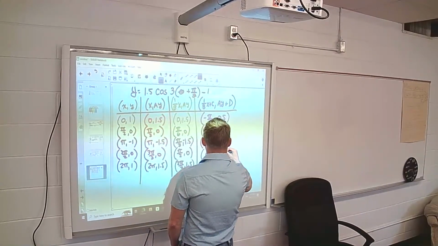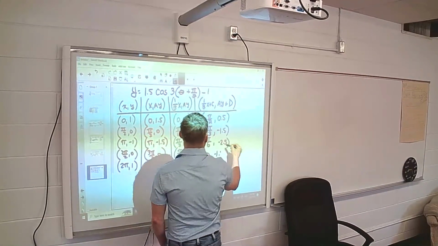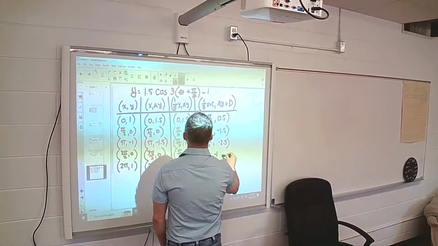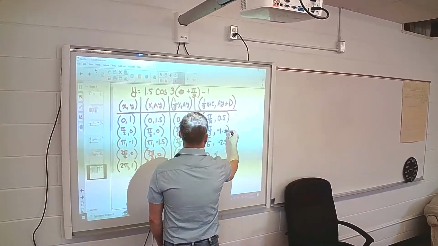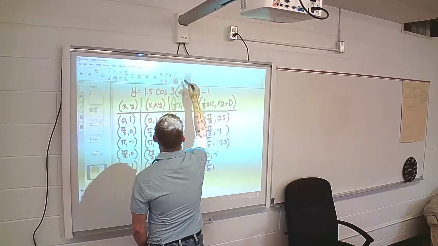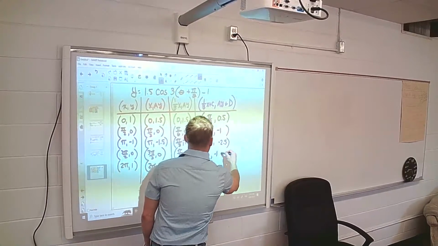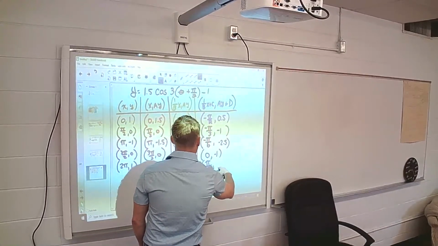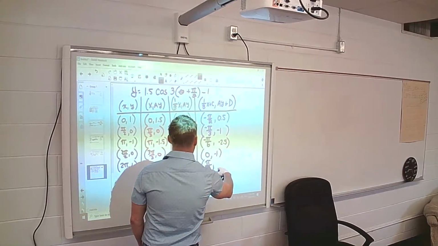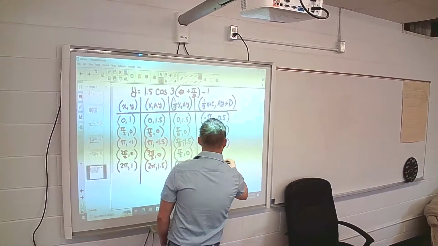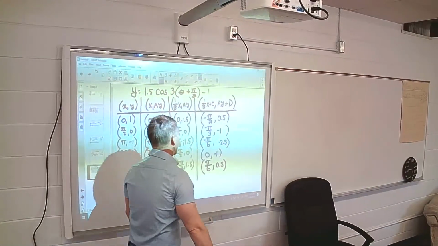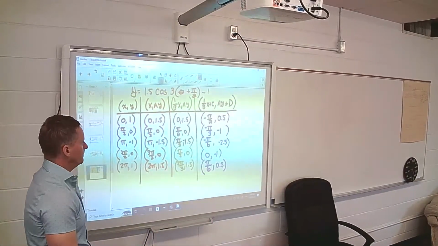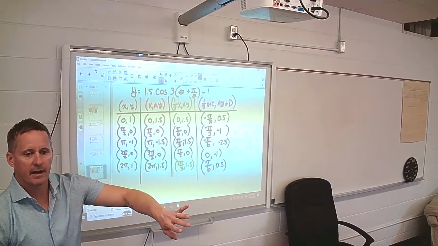Negative 1, correct? Yeah. Same for the second one also. This should be negative 1 here. Thank you. Okay. And then right here is 0.5? 0.5. Oh, 0.5. Thank you. Okay. Now, you got those written down?